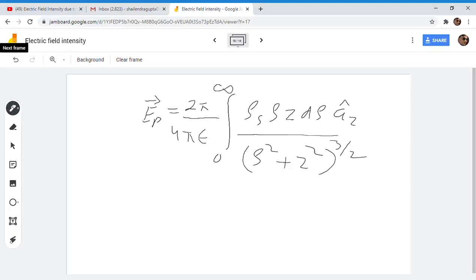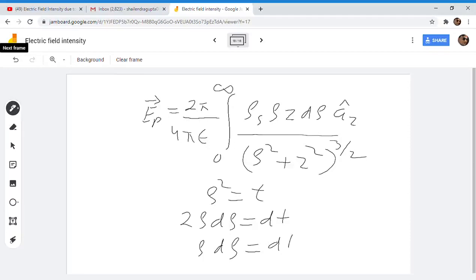We will just take rho square to be t. So 2 rho d rho is equal to dt, and rho d rho will be dt by 2.